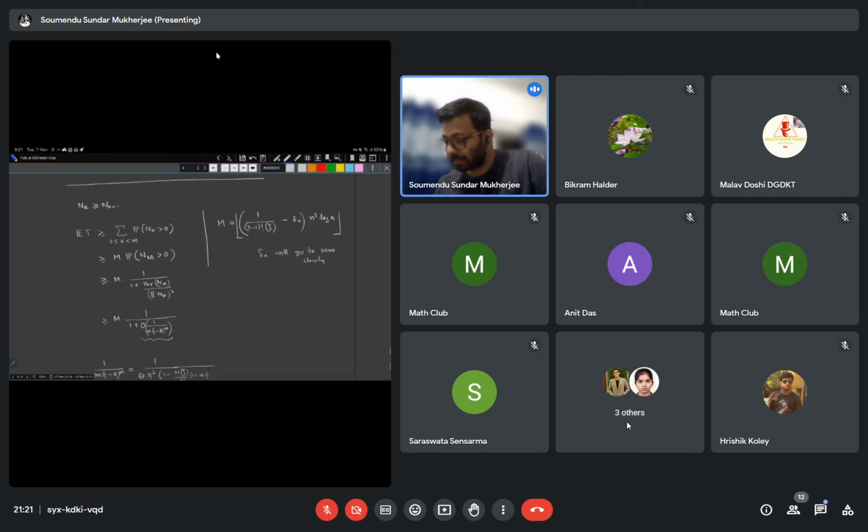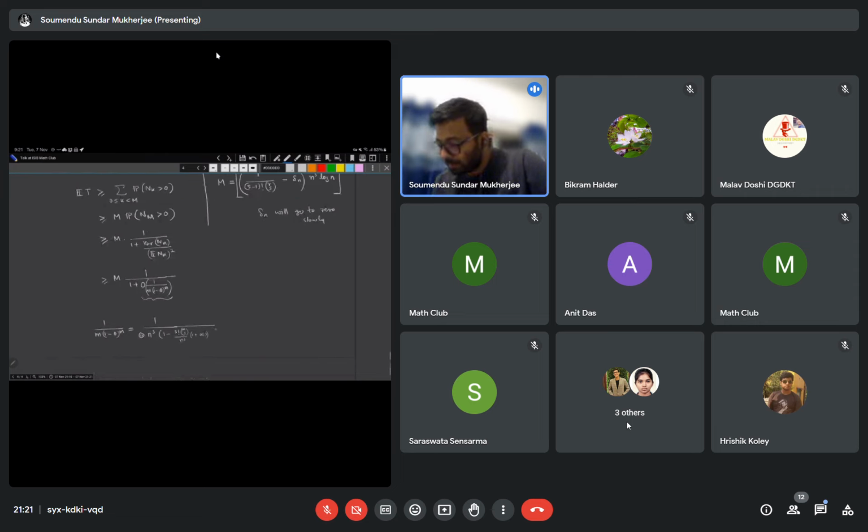This m is this guy: 1 by (s minus 1) factorial times r to the s times delta times n to the power s. Yeah, this big ugly looking term.